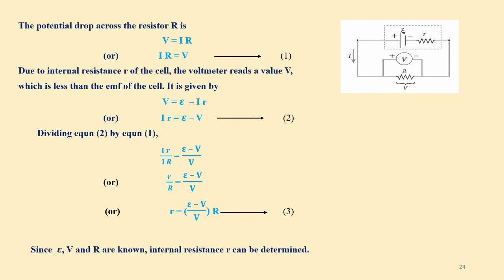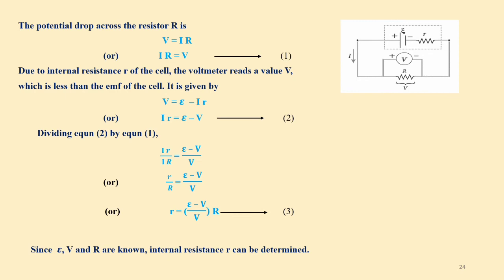Due to the internal resistance small r of the cell, the voltmeter now reads a value V which is less than the EMF of the cell. It is given by V equal to epsilon minus I small r. Rewriting this, I small r is equal to epsilon minus V. This is equation number 2.